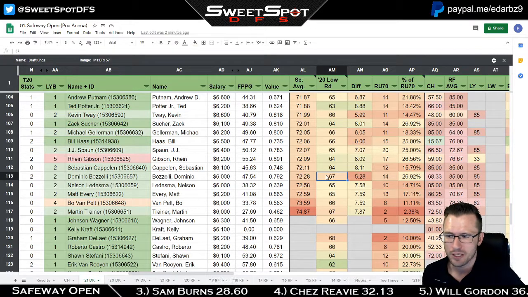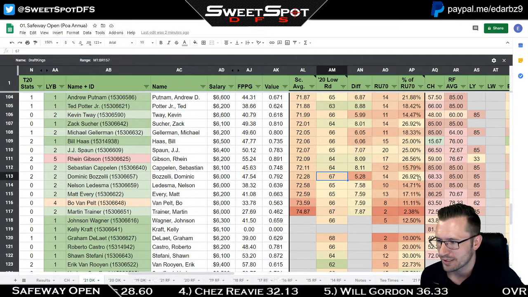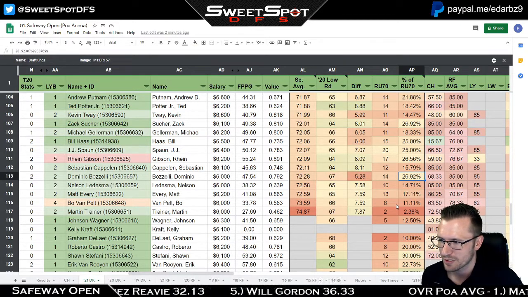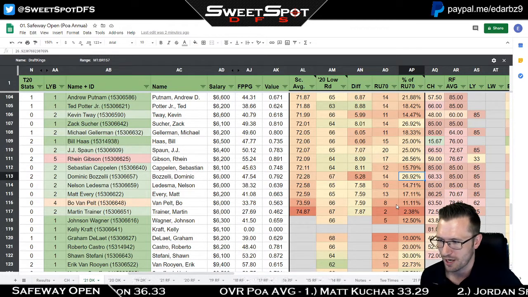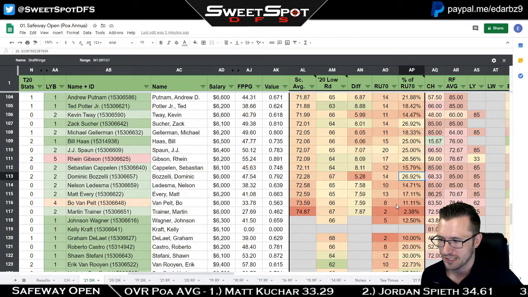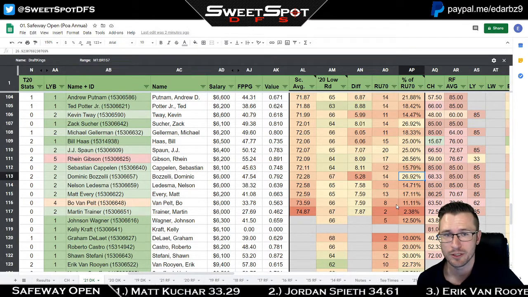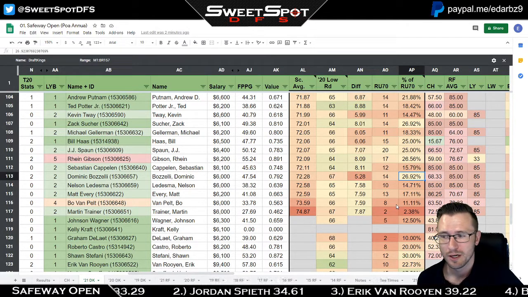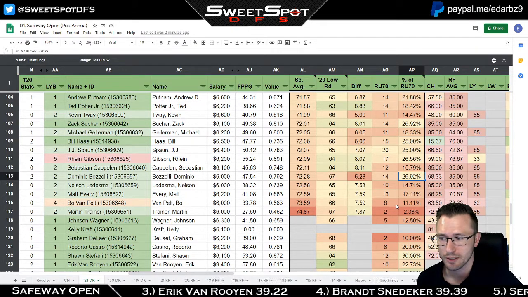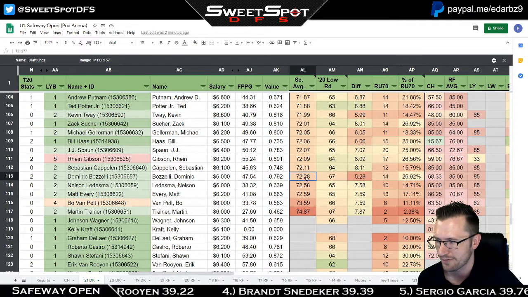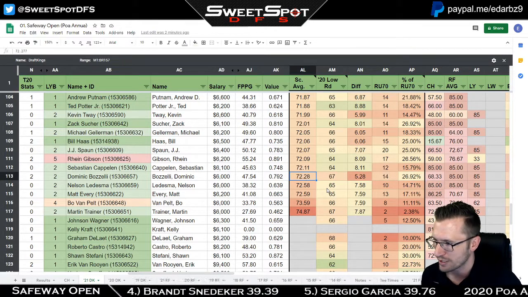I'm not feeling comfortable playing him, but then he also has a 26% clip of scoring under 70. So it's weird. Obviously he has a bunch of rounds that he scores under 70, but then he must have some blow up holes or some blow up rounds where he's shooting 75 and above in order to have the 72.28 scoring average.